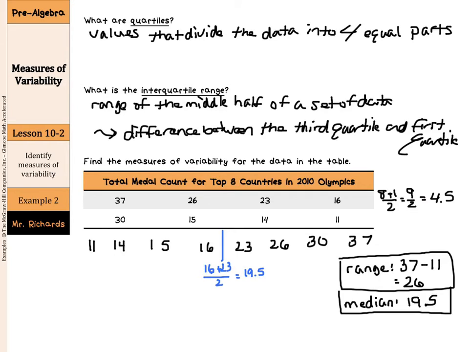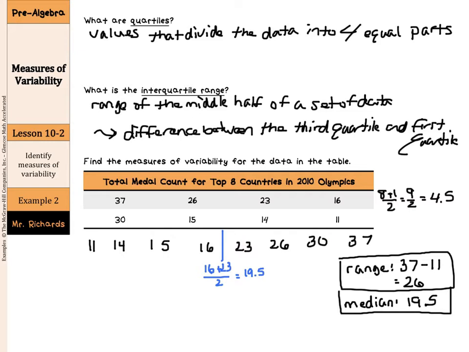Now, in calculating our quartiles, we are going to have a lower half of the data and an upper half of the data. And our first and third quartile are going to be the median of the lower half for the first and the median of the upper half for the third.